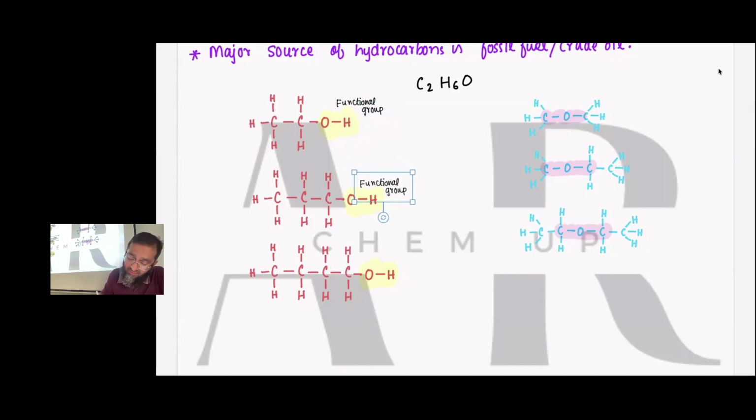So the structures which are on the left, they all have the same functional group, right? And the structures which are on the right, they also all have the same functional group, right?